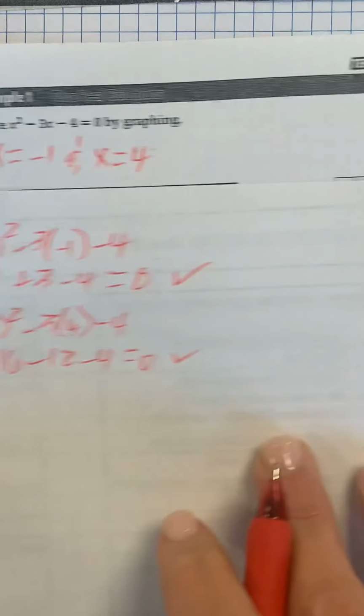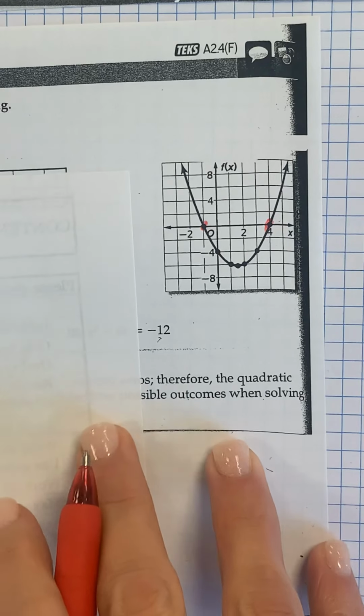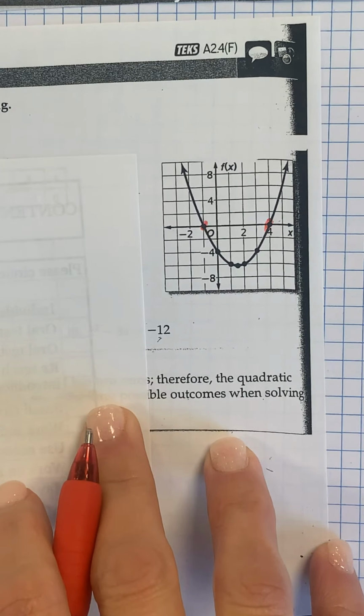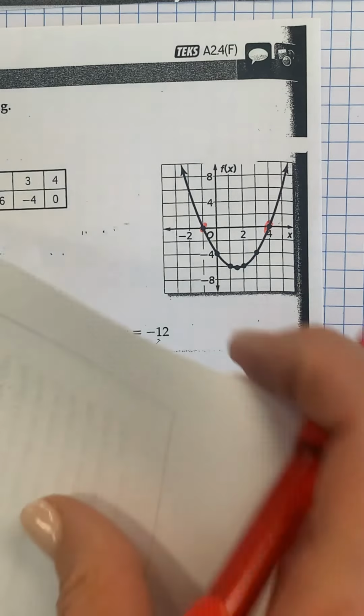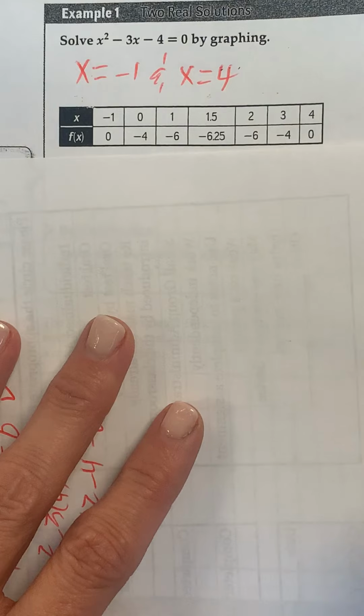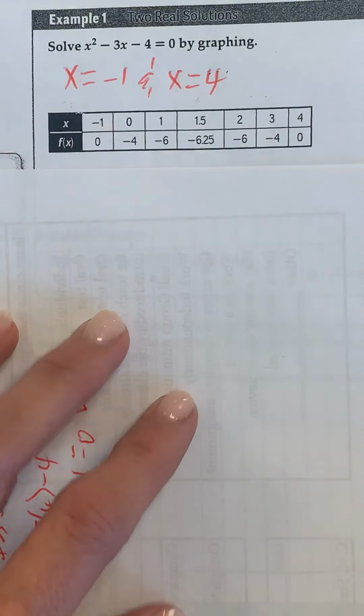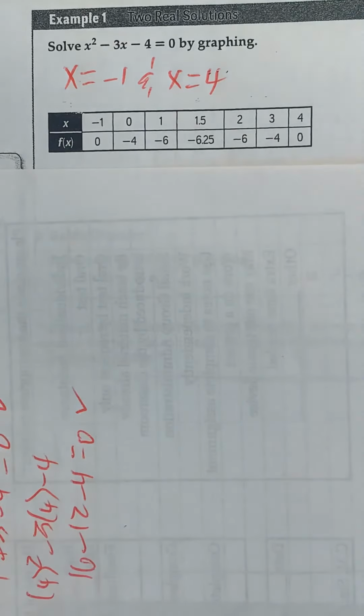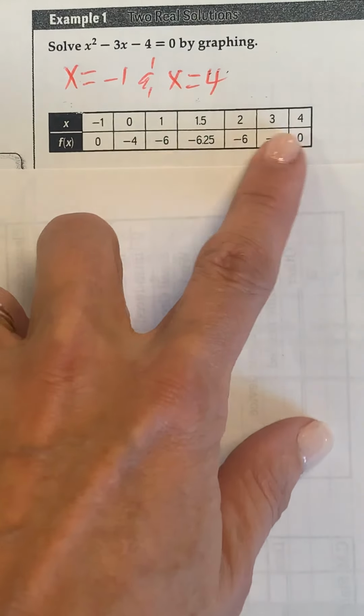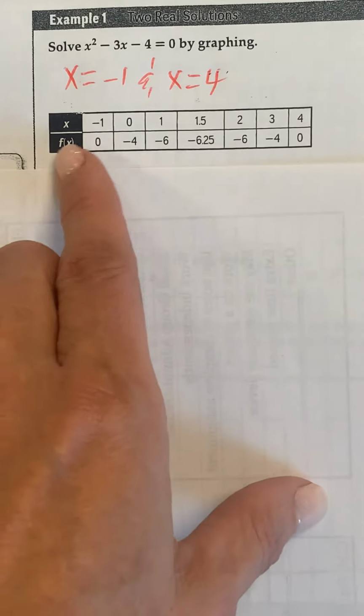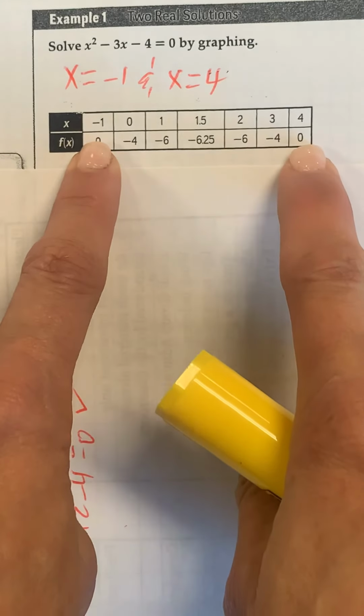So, besides just finding the x-intercepts on a graph, I can also find it in a table. This particular picture from the book gives you a vertical table instead of a horizontal table like it is in your calculator. But remember, where would the solutions be? Well, where are the x-intercepts going to be? It's where y is 0.